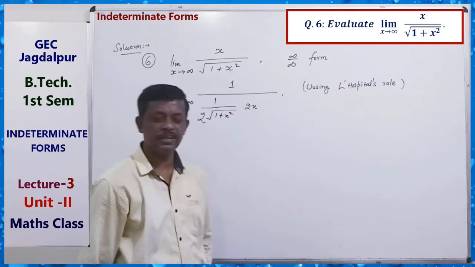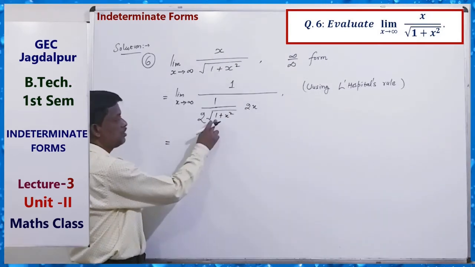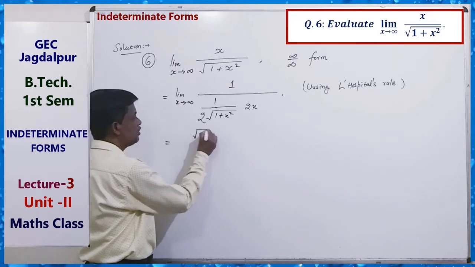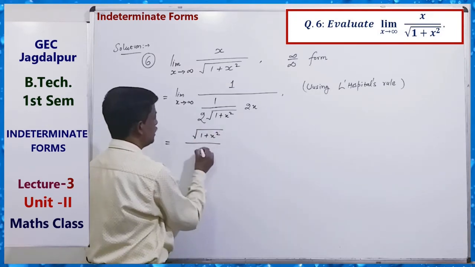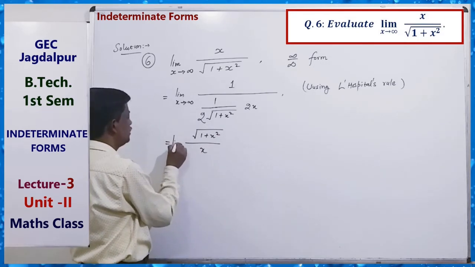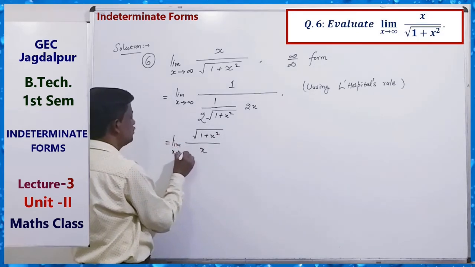It can also be written as the limit x tending to infinity of root over 1 plus x square upon x.